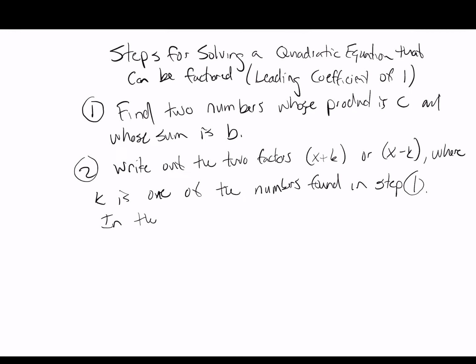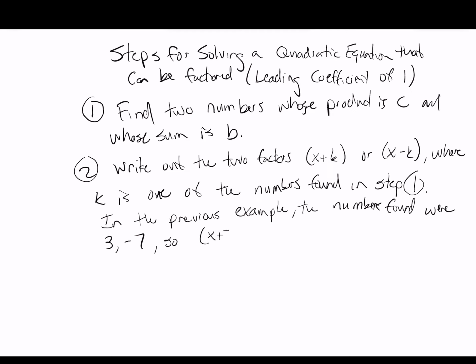In the previous example, the numbers found were, what were they? 3 and -7. So we write that as x plus 3, x minus 7.